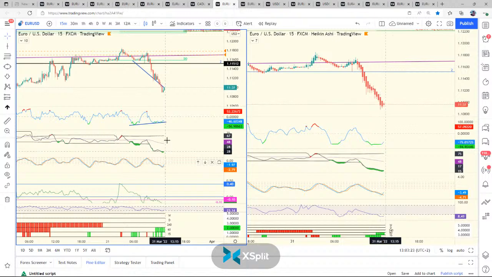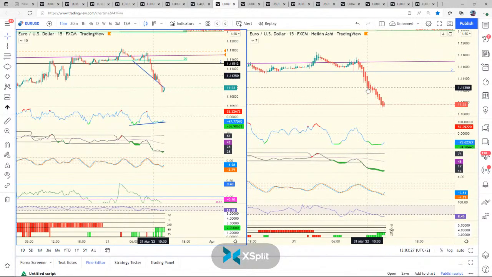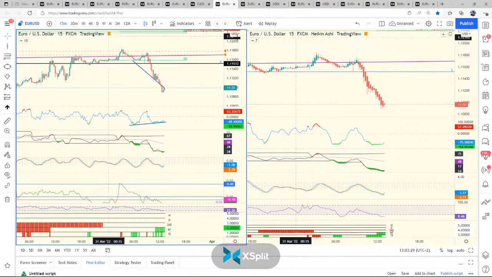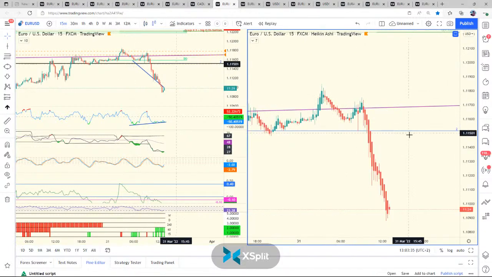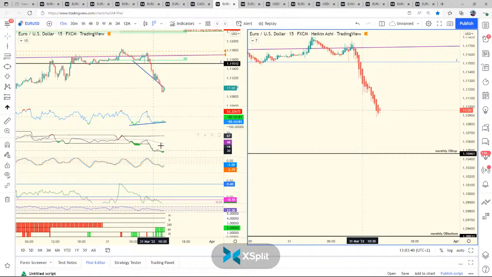So then what I look at now is the Heikin Ashi candle. This is Heikin Ashi, this is the regular candle. It's exactly the same chart with the same tools, so we take off the indicators. On the Heikin Ashi candles, we have the same setup. What I want is to see this candle or the next one close green. This one has 11 minutes to go, so it's not done yet.